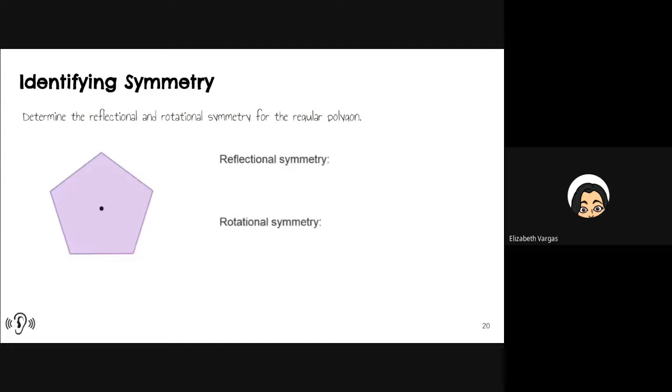You can take a guess, guys. You don't have to be 100% right. I'll go over it. One person. What is the reflectional symmetry? We know the reflectional symmetry is equal to the number of sides. We have 5 sides. So what is the reflectional symmetry?